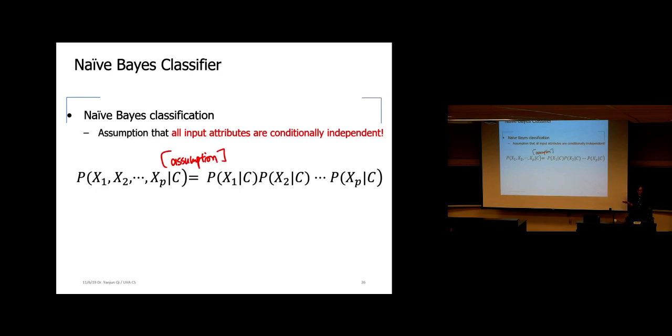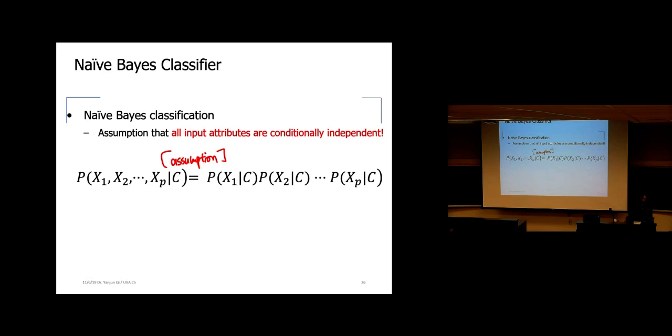Now this part is super easy to calculate. Going back to the graph, what do I mean by the model if I have this assumption? What do I learn from my training data?